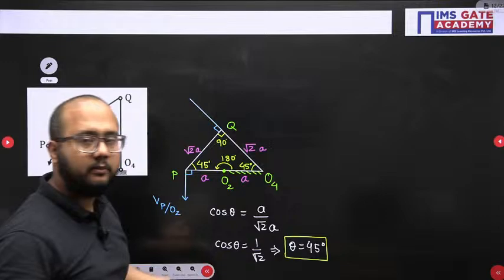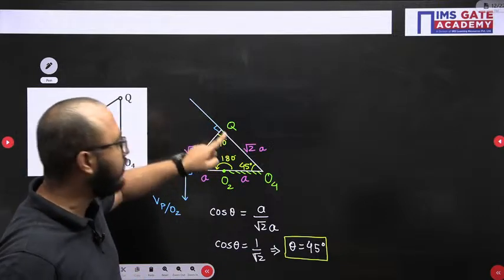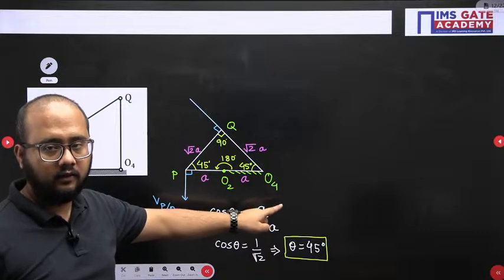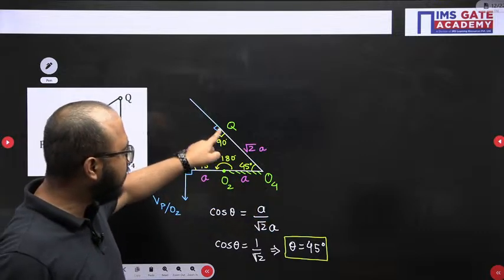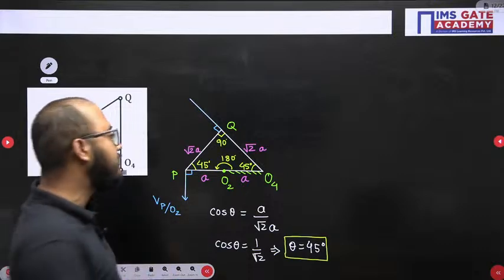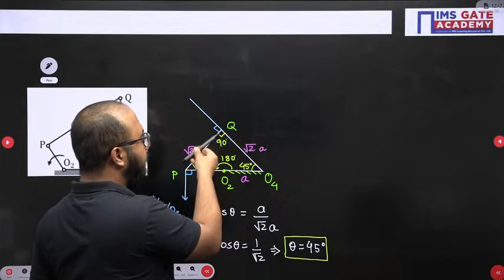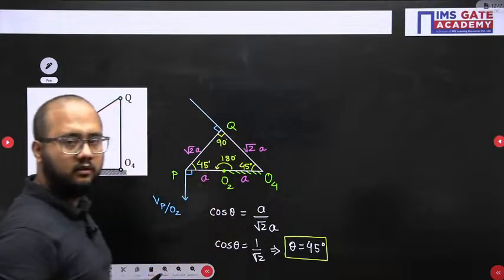In a similar manner, I will show the velocity vector of Q with respect to O4. What do I need to do? I need to draw a vector perpendicular to QO4. Perpendicular to this one will obviously be along PQ. Right?